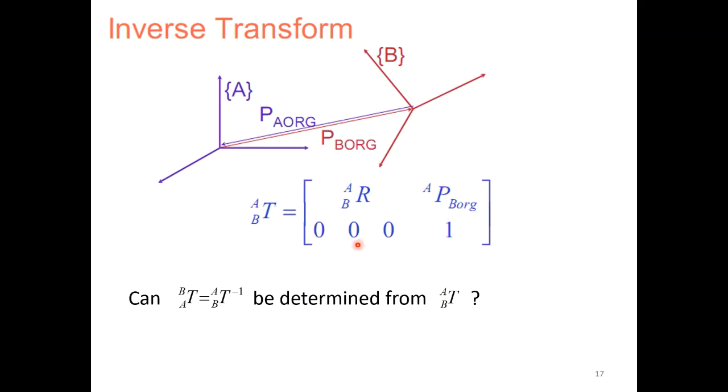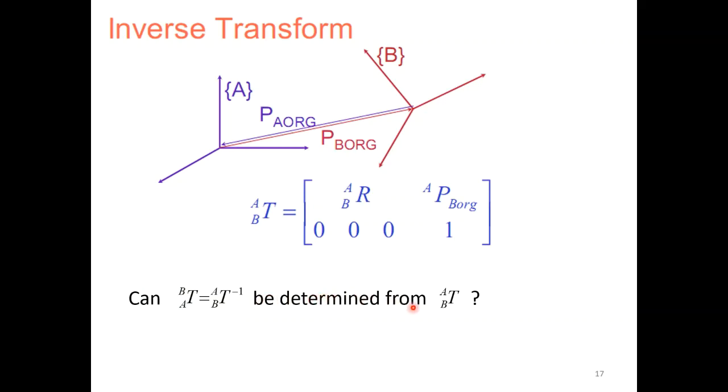Now what we want to calculate is this. Given ABT, so ABT means you have ABR and then APBORG and 0 0 0 1. So this is given to you. What we want to calculate or determine is the opposite of this, the inverse of this rather, that is BAT. BAT, in other words, is ABT inverse, okay, inverse matrix.